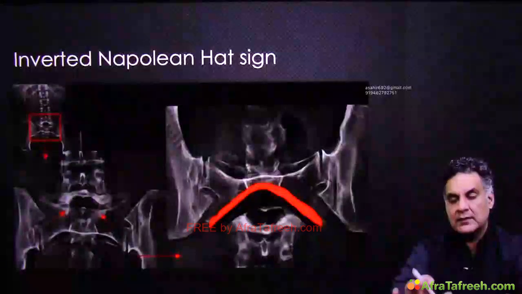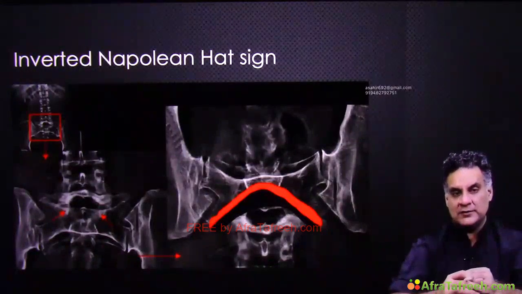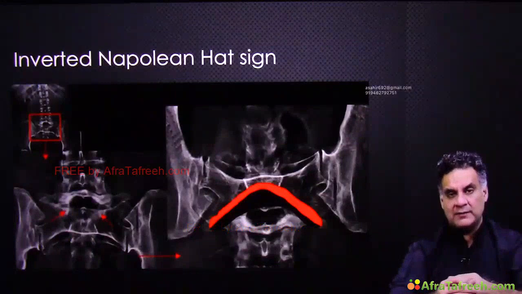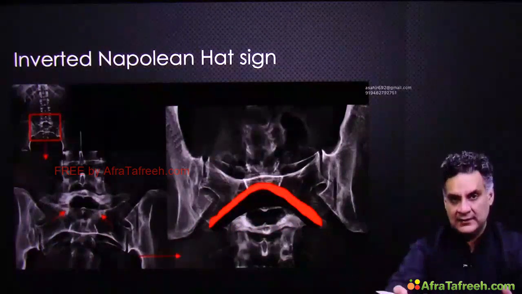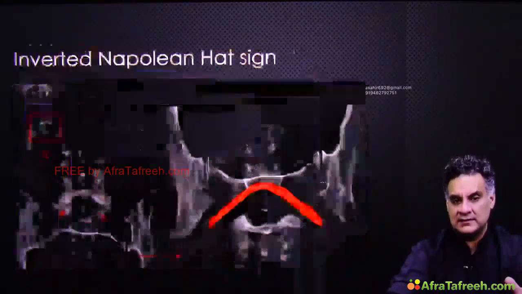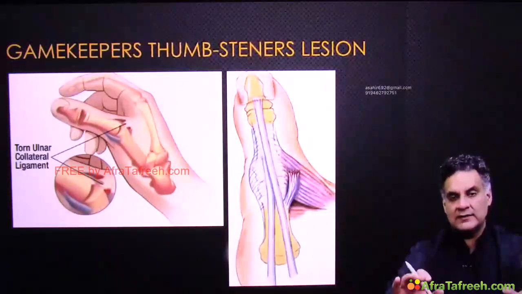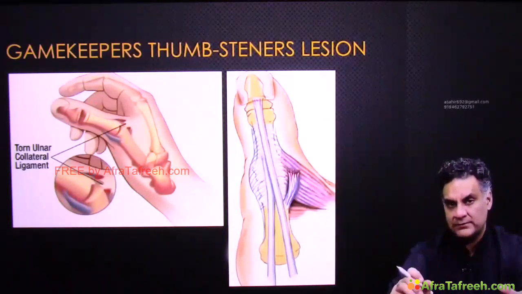Remember. And when one vertebra completely slips over the other, the overlapping vertebrae make an inverted Napoleon hat sign, seen in end stage spondylolisthesis.